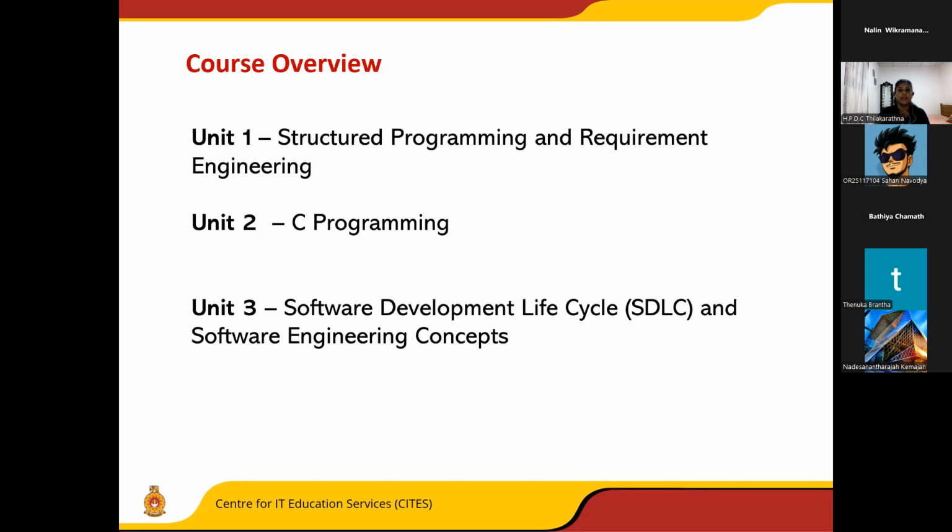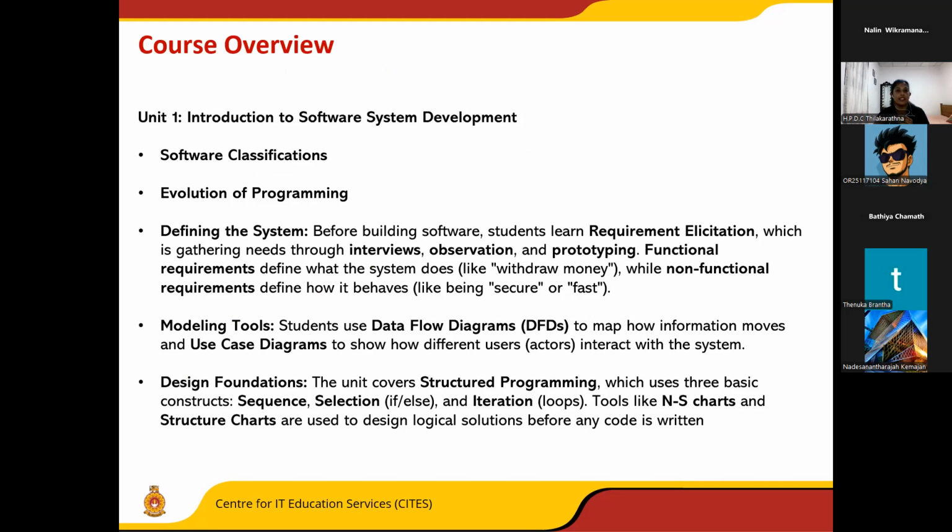When we go deeper into the course overview, Unit 1 is based on structured programming and requirement engineering. So here you will learn what software is, you will learn how to classify software and the evolution of programming, and later you will learn that before building a software, it is important to gather requirements, right?